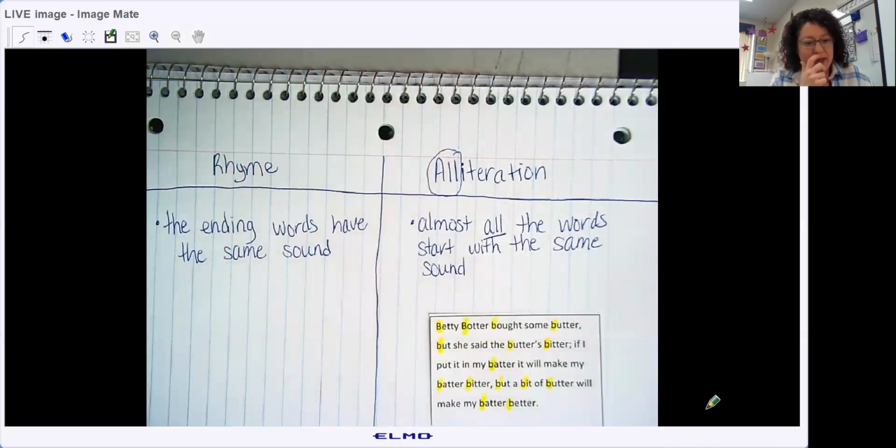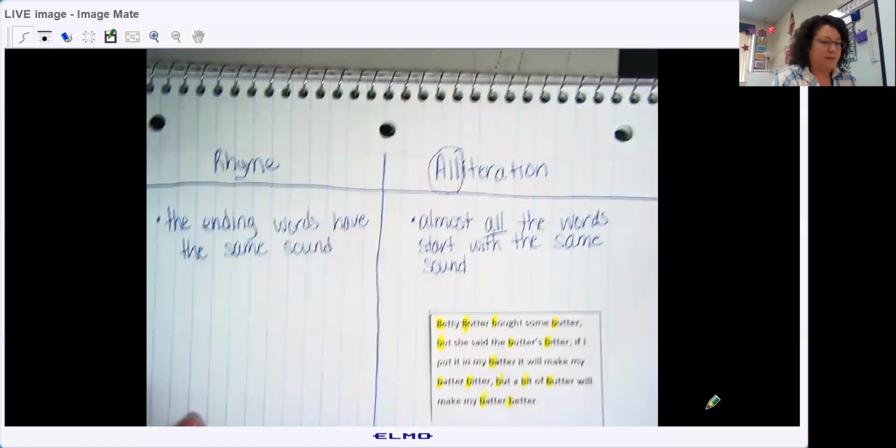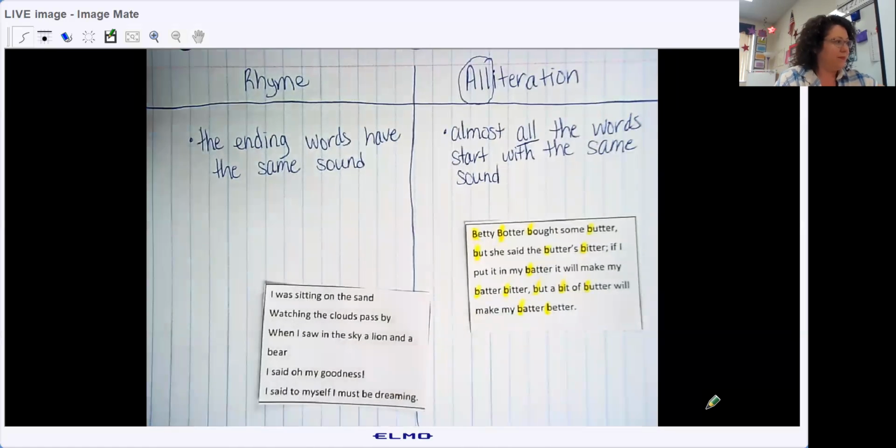Now let's look at this one. I was sitting on the sand watching the clouds pass by. When I saw in the sky a lion and a bear, I said, "Oh my goodness," I said to myself, "I must be dreaming."